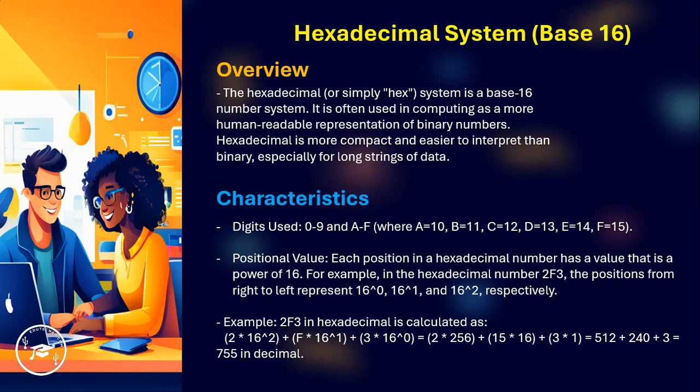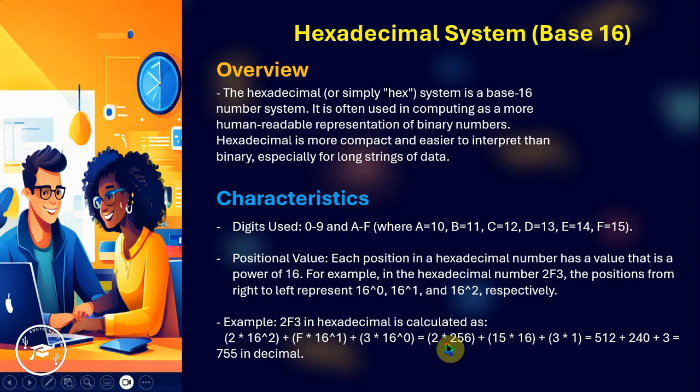So 2 times 16 exponent 2, F times 16 exponent 1, 3 times 16 exponent 0. Here too, we start from the right side. So with base 16, the first one takes 0, the second one takes 1, the third one takes 2.